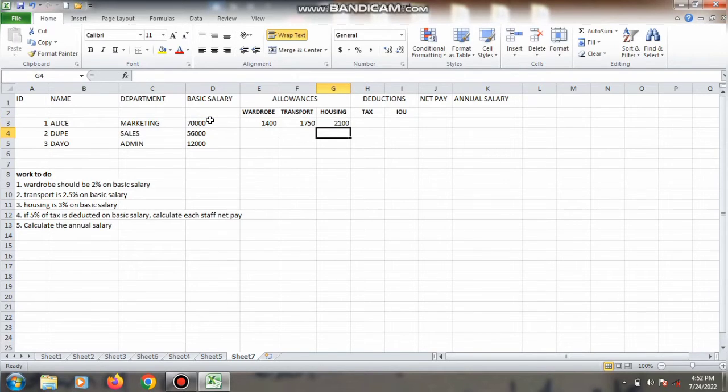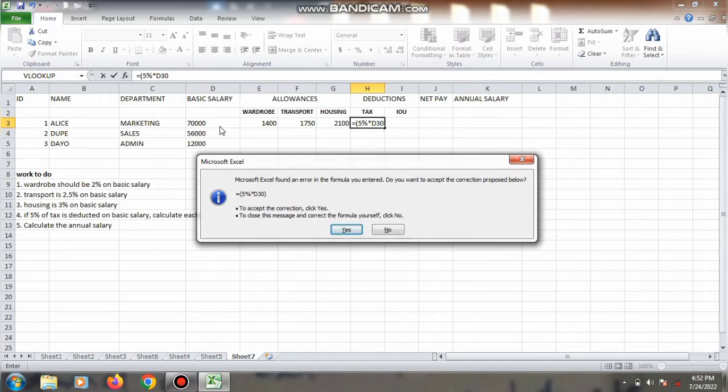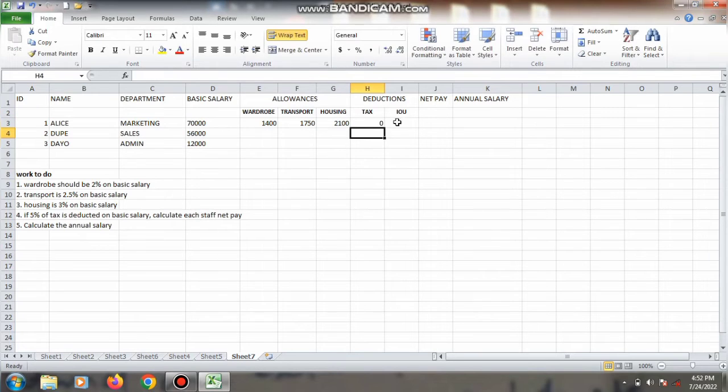Now, what about the tax deduction? They said the tax deduction is 5%. Good. Equals 5% of what? I've told you, the way you see the formula, just input the formula the same way it comes to you. Then you close your bracket. Simple as that. What happened? You see, it returns an error. Why? I forgot to close the bracket.